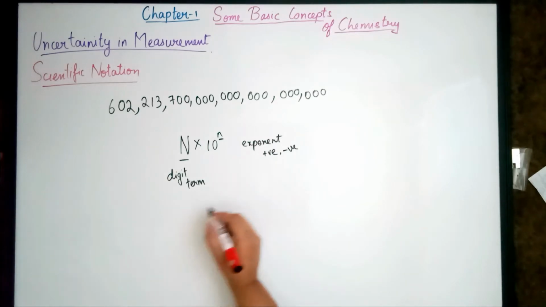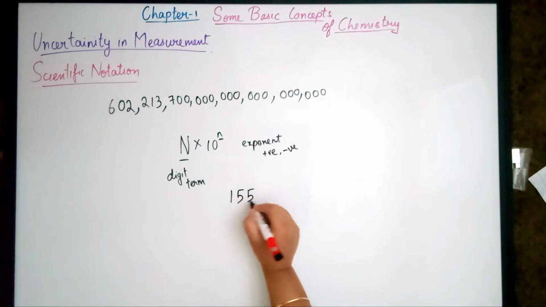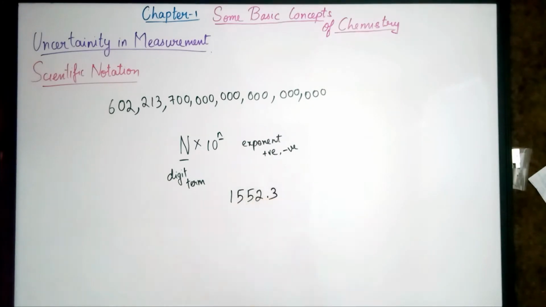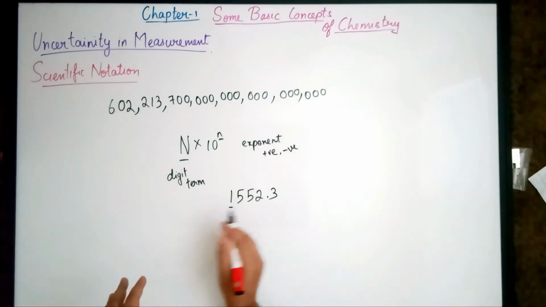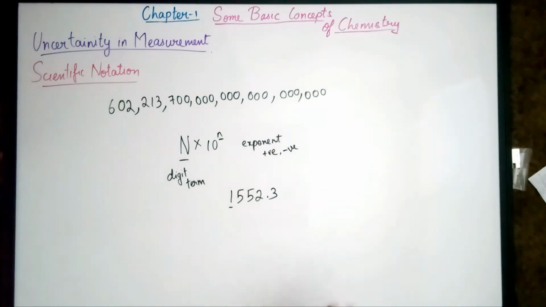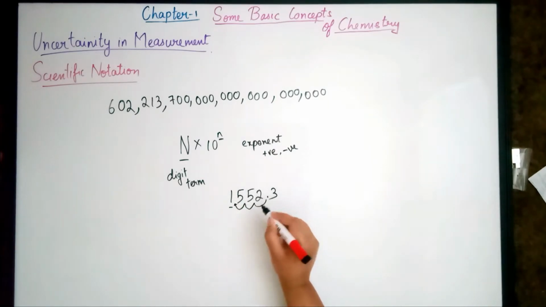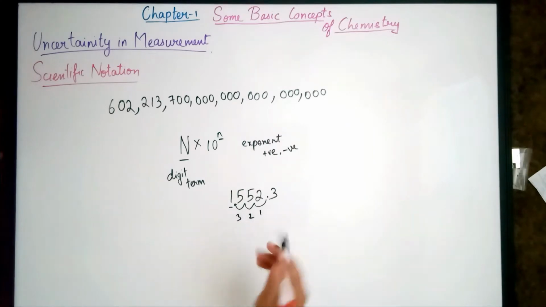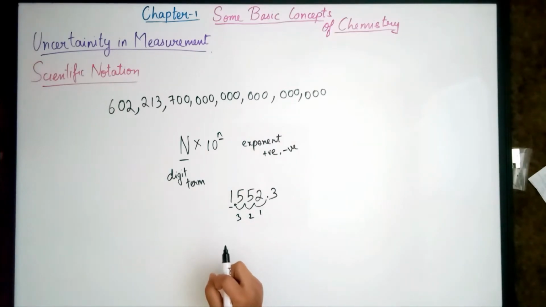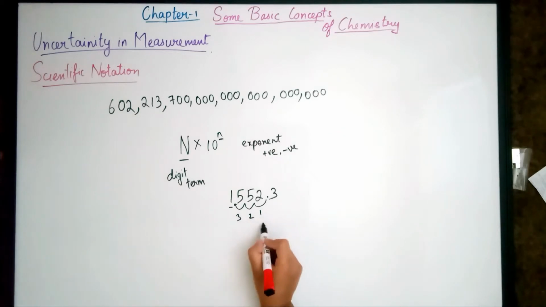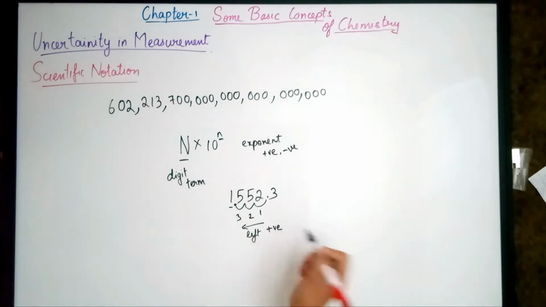Let's look at an example. 1552.3. Generally remember, if we want to convert it to scientific notation, we just have one digit before the decimal point. The remaining is all going to be after. So the decimal point shifts 3 places to the left, which means it gets a positive sign.